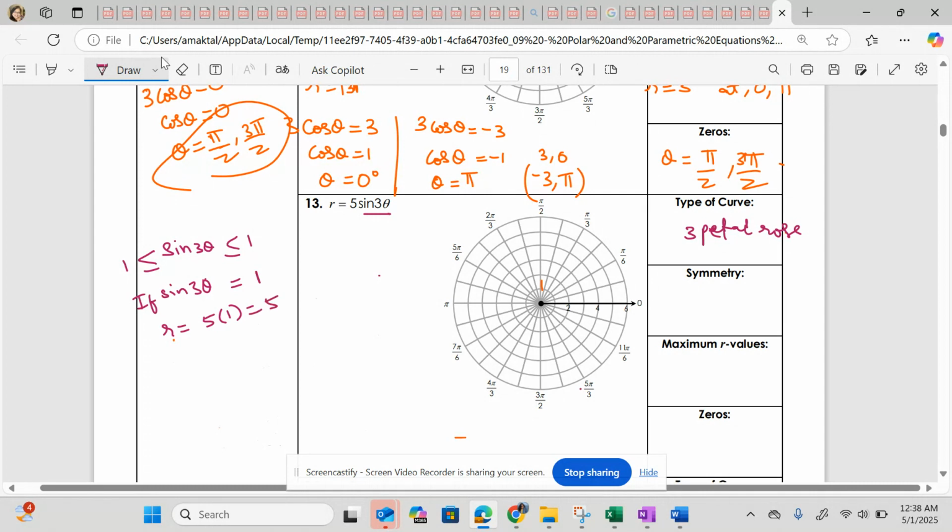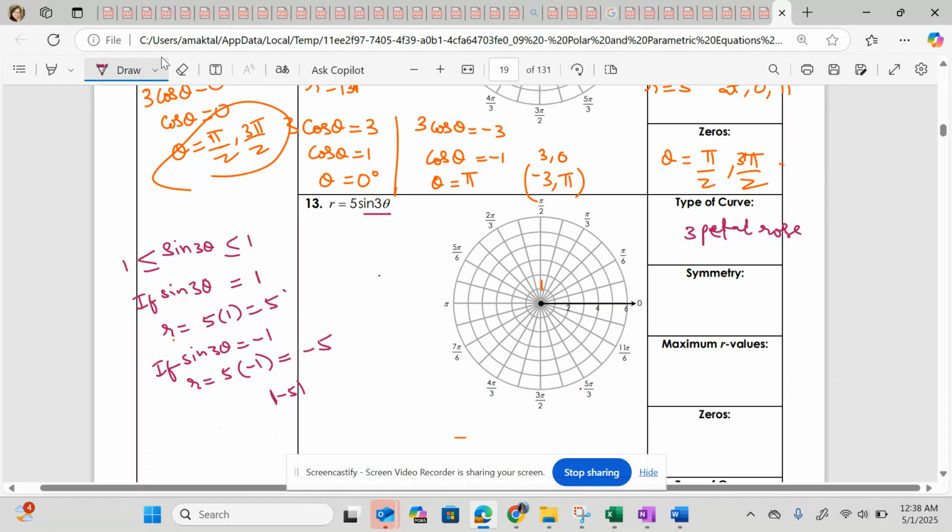So the maximum value it will go is 5. And if sine 3 theta is equal to negative 1, then r is equal to 5 times negative 1, which is negative 5. Of course, it's the absolute value of negative 5 that we will be taking. So these are the two things.